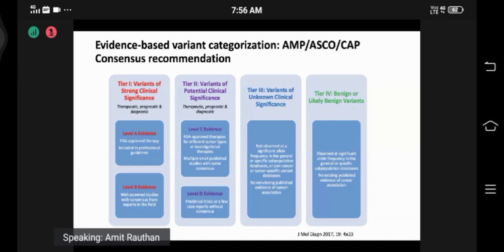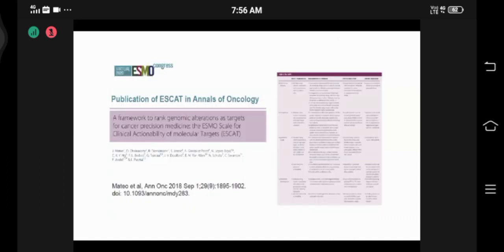Now, these are the AMP ASCO-CAP guidelines, but there are other guidelines, and there's another very nice, very good guideline for clinicians, and this comes with the ESCAT guidelines from Europe. Now, what does ESCAT mean? ESCAT means the ESMO Scale of Clinical Actionability of molecular Targets.